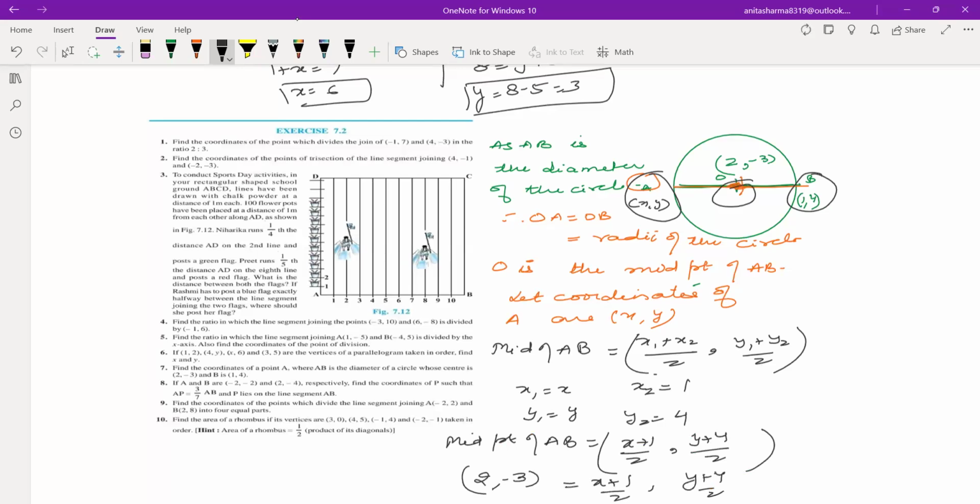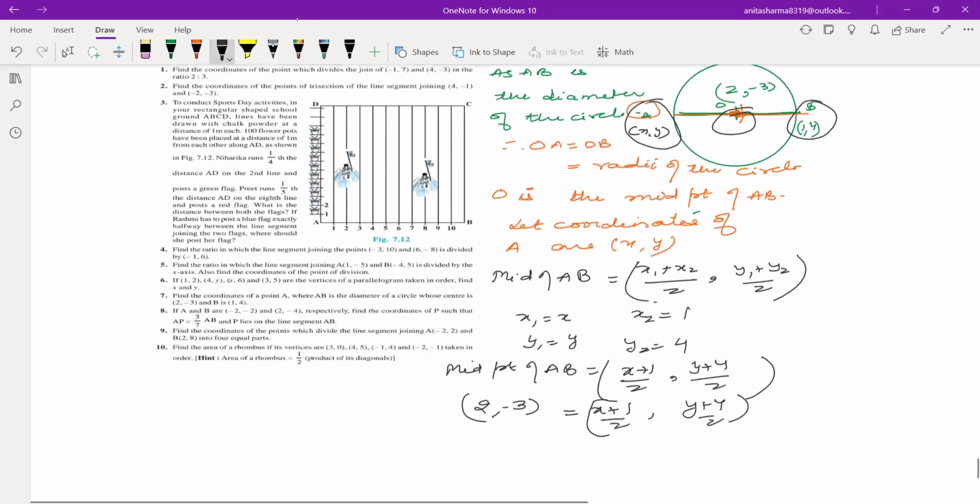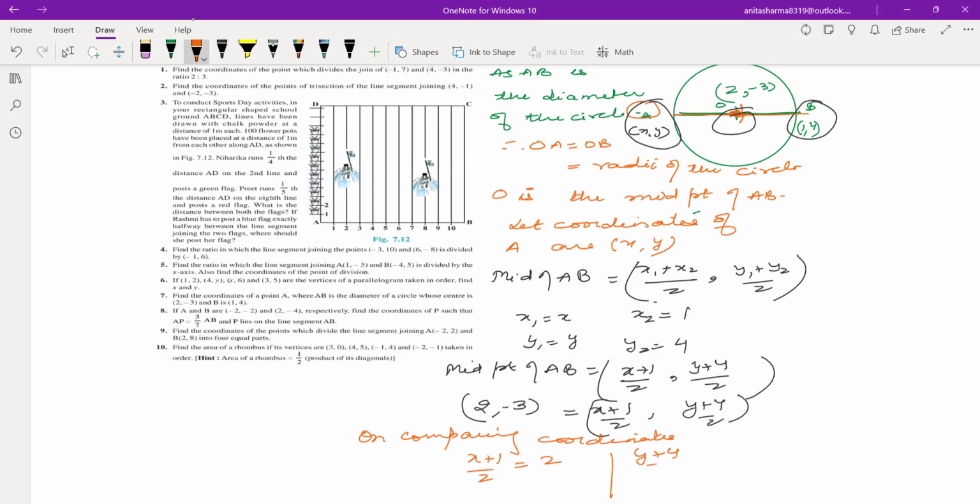So now what will be our next step? Speak up. 2 is equal to x plus 1 divided by 2. Yes, now we will compare the coordinates. So you will write, on comparing coordinates, x plus 1 by 2 will be equal to 2 and y plus 4 divided by 2 is equal to minus 3.